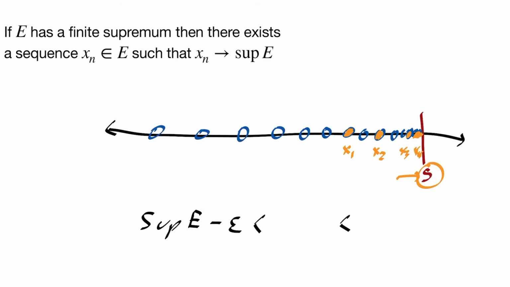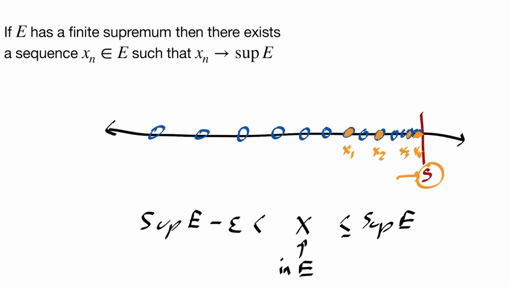You can always find some value of E in between that supremum and any amount smaller than the supremum. Why is that? In my mind, that's because this supremum right here would be the supremum only if there were no values of E bigger than it, right?